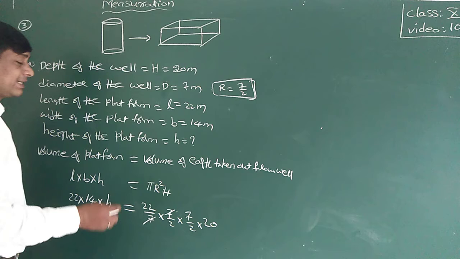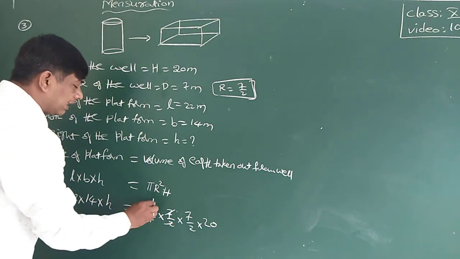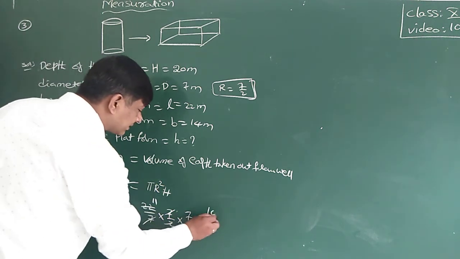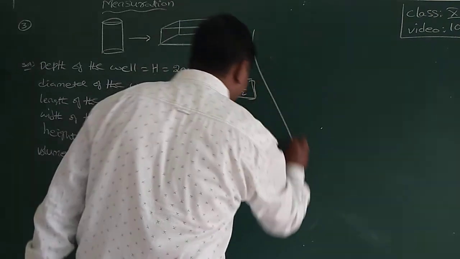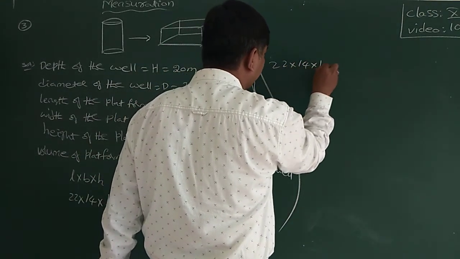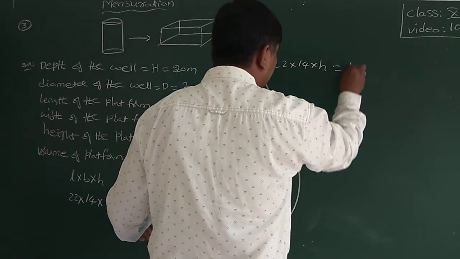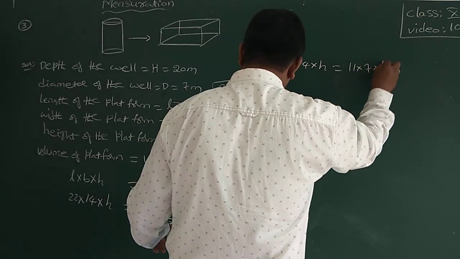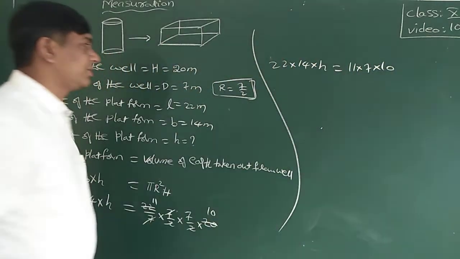7 cancel. 2 ones are 2, 11s, 2 ones are 2, 10s. Now what is left here? 22 into 14 into H is equal to 11 into 7 into 10. Now transpose the values to the other side.